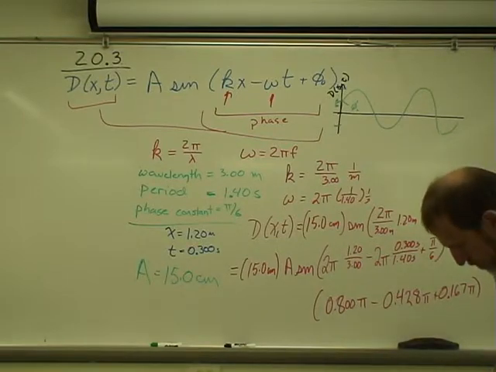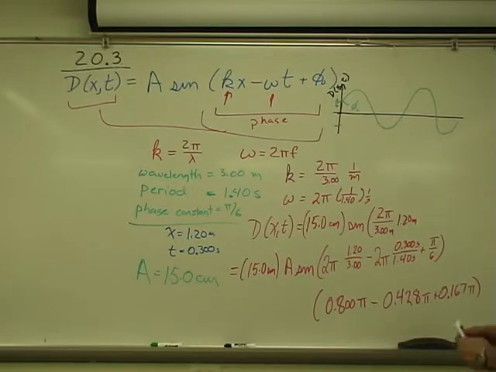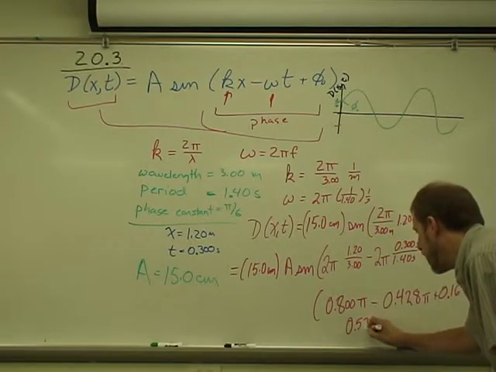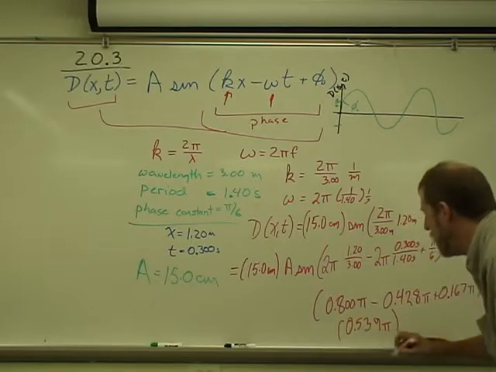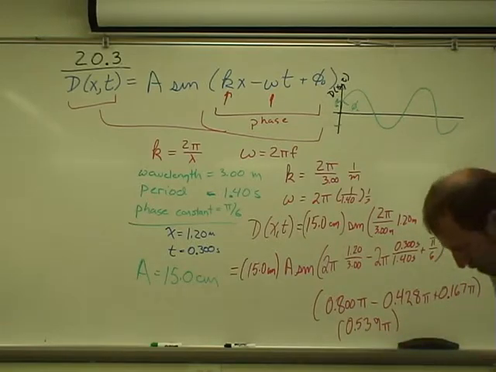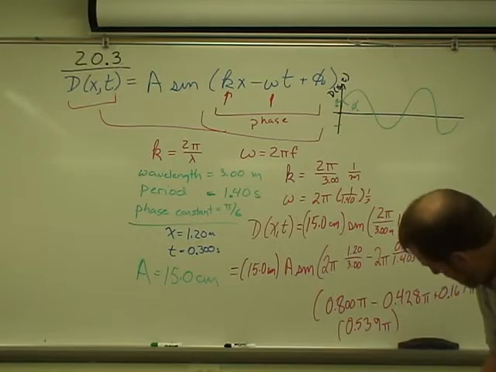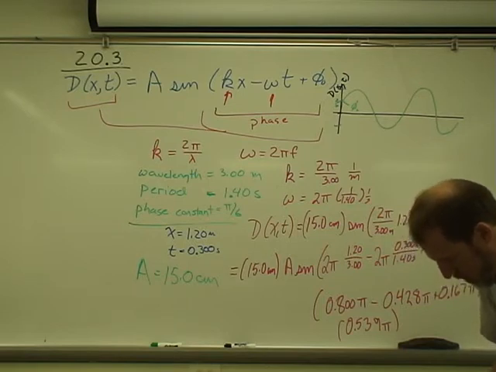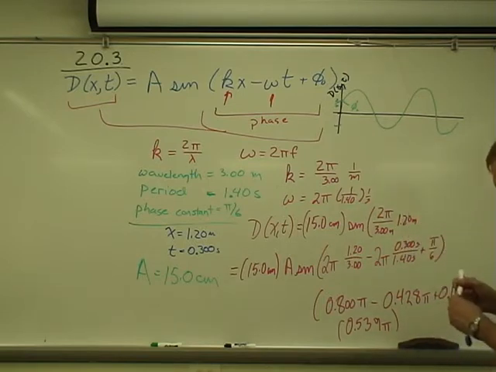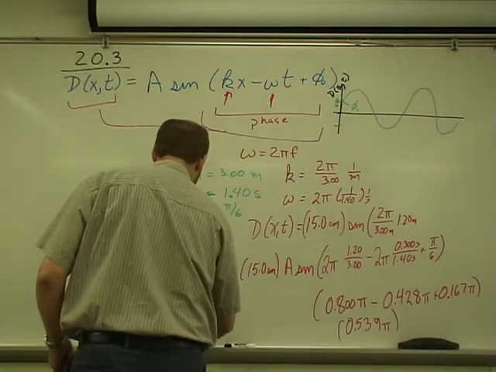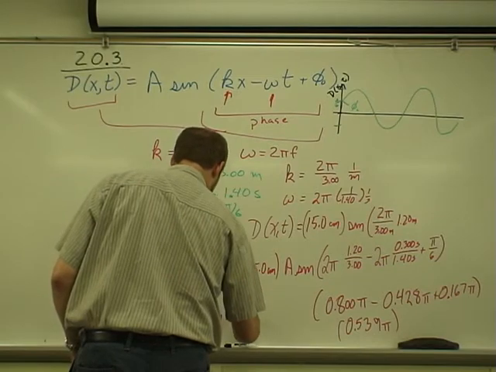So 0.539 pi, or 14.9, as it turns out. Centimeters.